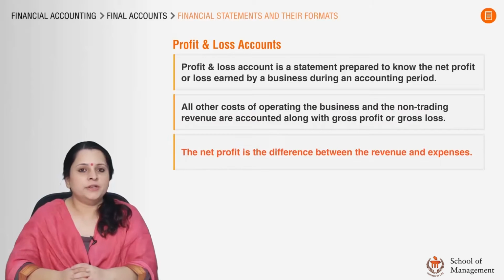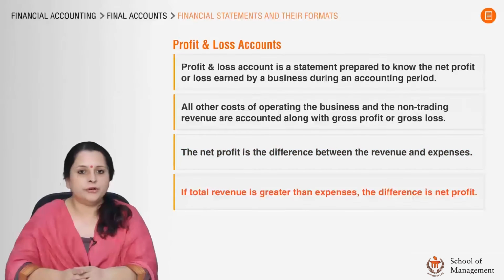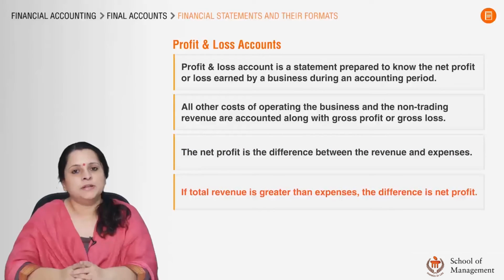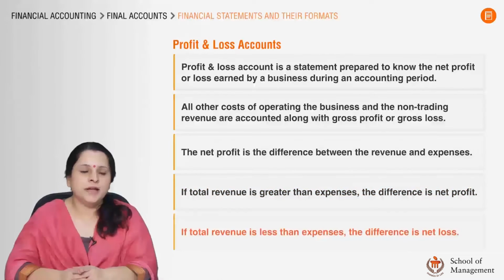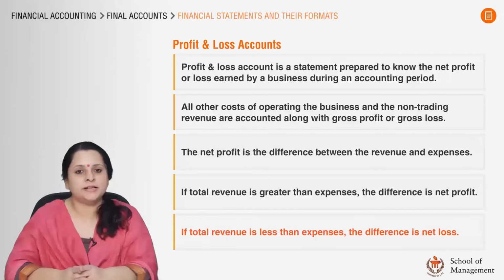The net profit is always the difference between revenue and expenses. So, if the total revenue of the firm is greater than expenses, the difference is recorded as net profit. On the other hand, if the total revenue is less than the expenses, the difference is reported as a net loss.